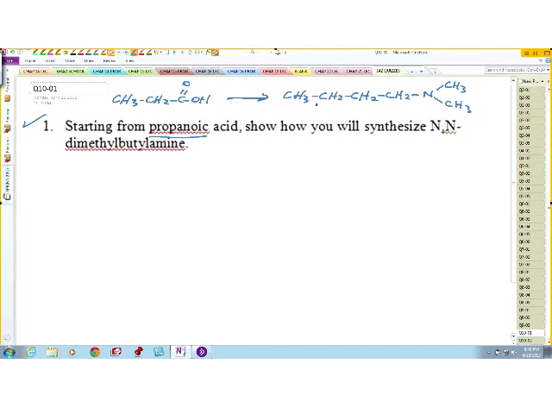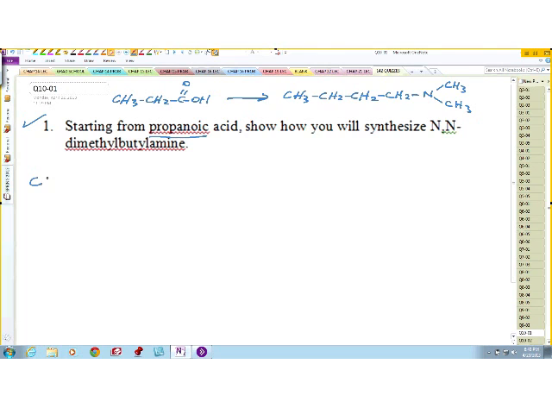So we need to look for those reactions that will allow you to extend the carbon chain by 1. By now all of you should have a set of reactions that you can use to do that. And also we see here we need to make a tertiary amine, right?